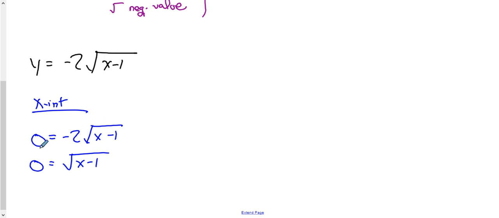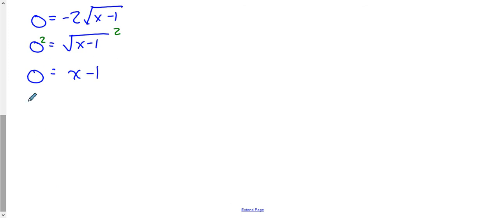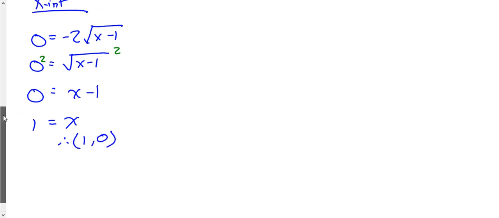Up next, I'm going to square everything to get rid of the square root. 0 squared is still 0. It doesn't affect anything. And our square root symbol goes away. To isolate for x, I'm moving that 1 to the other side. So I have 1 equals x. Therefore, we have a coordinate of (1, 0) for our x-intercept.